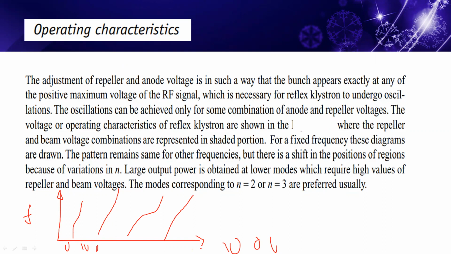That's why I mentioned the adjustment of the repeller and anode voltages in such a way that the electronic bunching appears exactly at the maximum voltage of the RF signal, which is necessary for the reflex klystron to oscillate. This is the main important criterion for the operating characteristics.